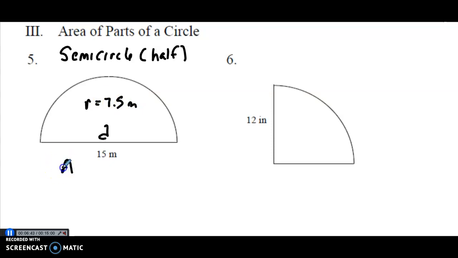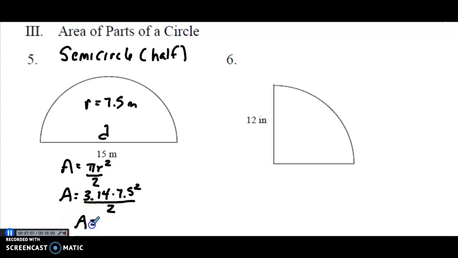A equals pi r squared. But we're not finding the area of a full circle, we're finding the area of half a circle. So we're going to end up dividing our answer by 2. So A equals 3.14 times 7.5 squared, divided by 2.